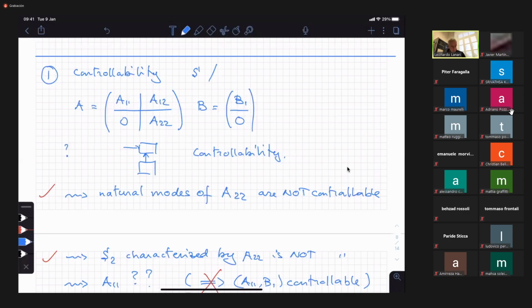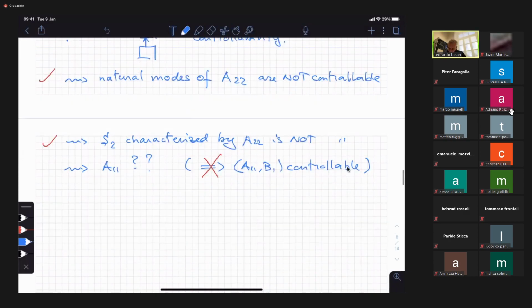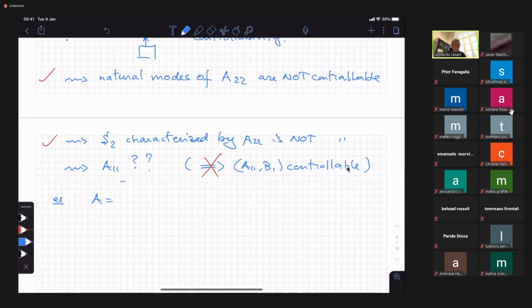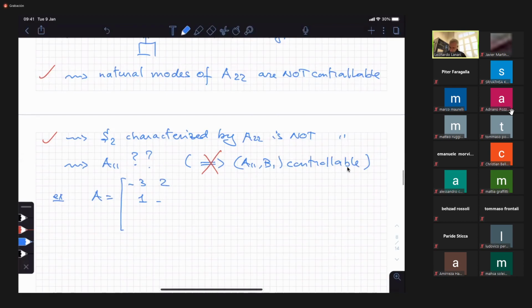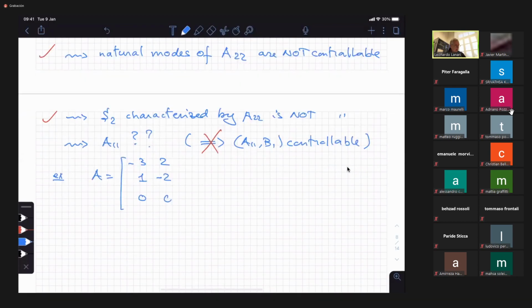Let me take an example. Let's take this matrix: -3, 2, 1; -2, 0, 0; and then 1, 1, and -1.